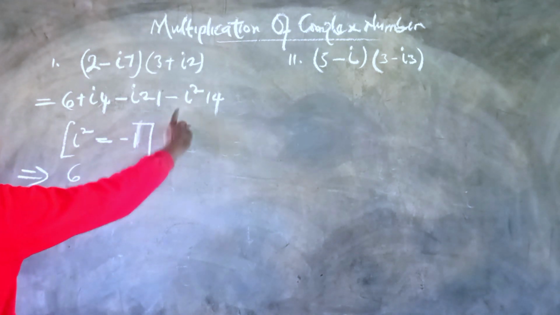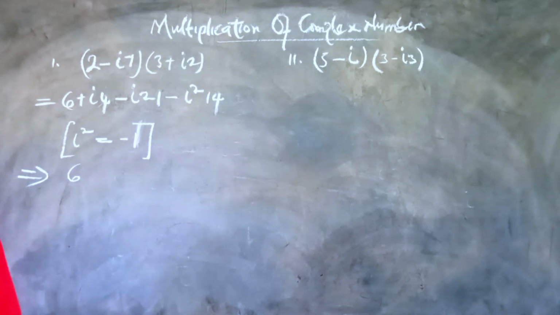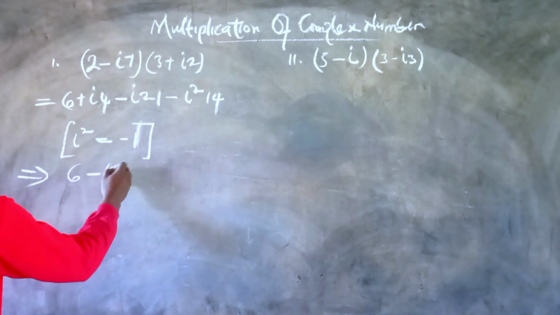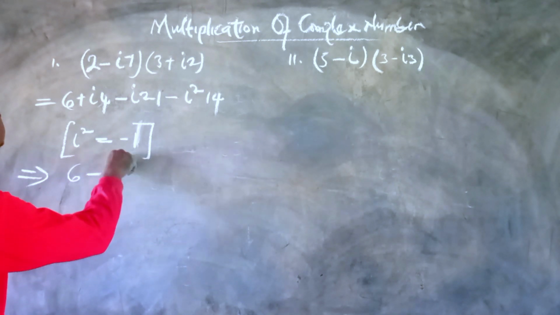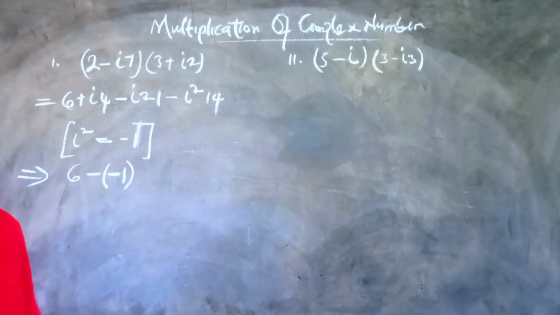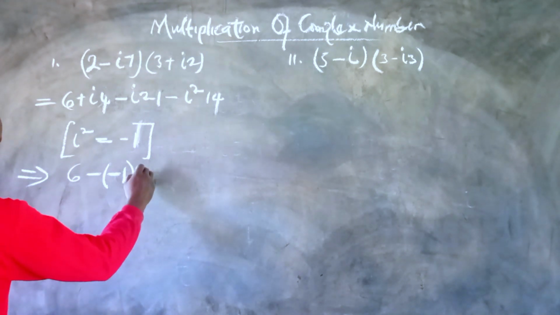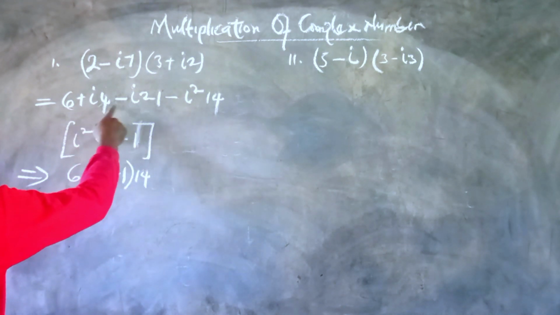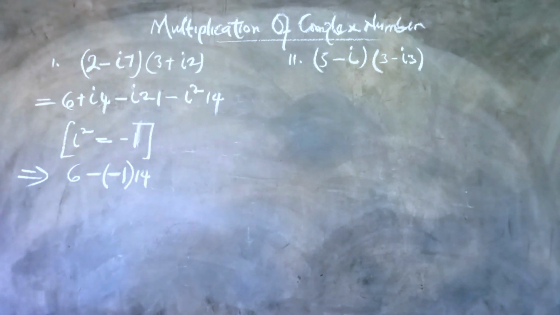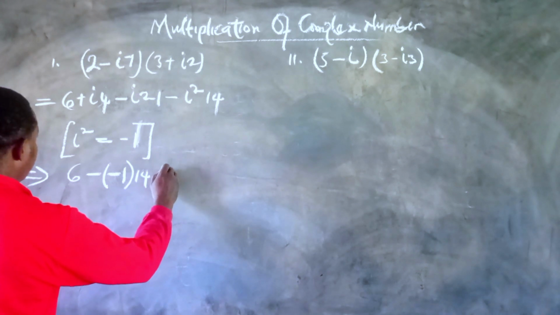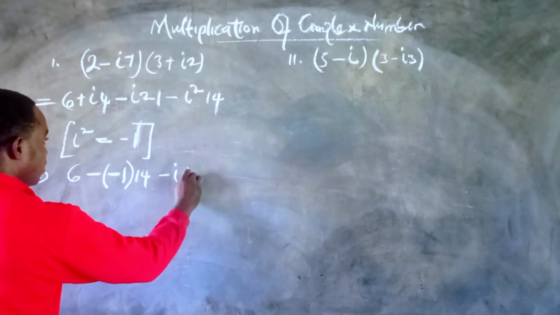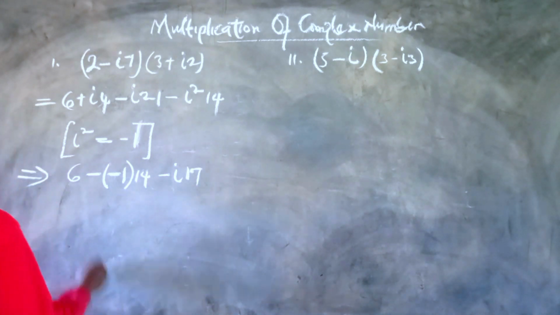At the same time, we'll try to sort the expression so that we can easily deal with it. So we have negative there, and i squared is negative 1. I told you I'm going to put the link to that in the description. So the negative i squared 14 is what gives us negative 1 multiplied by 14.